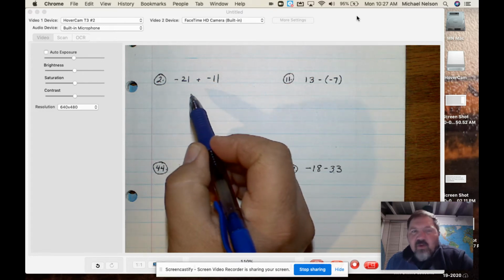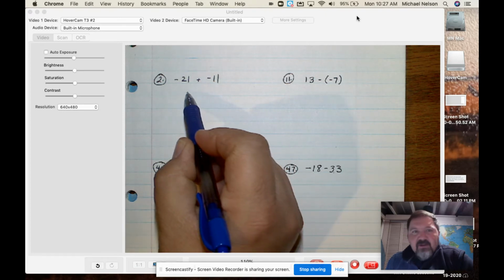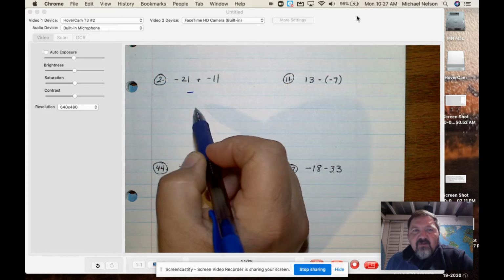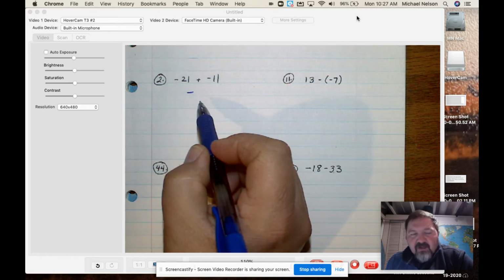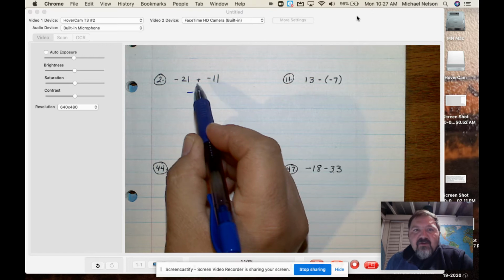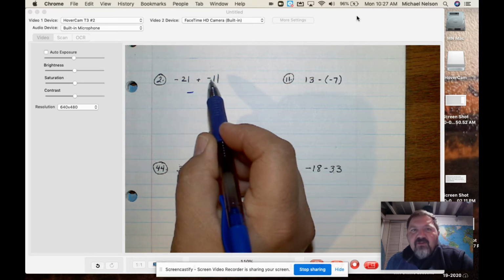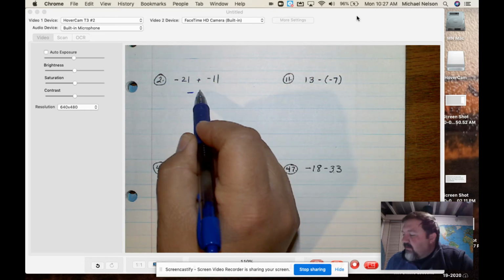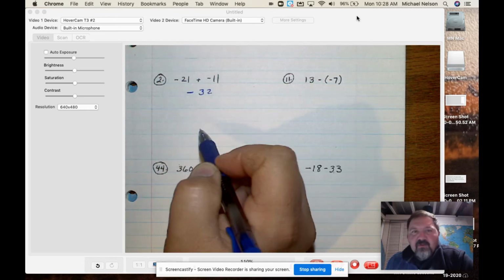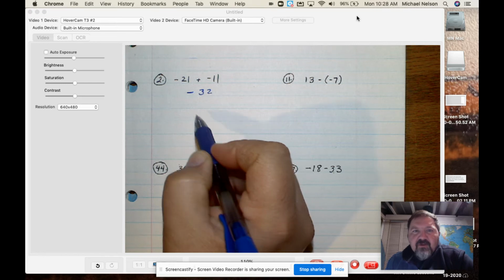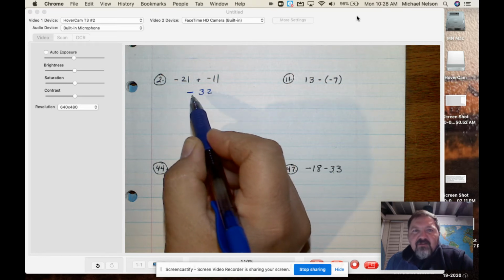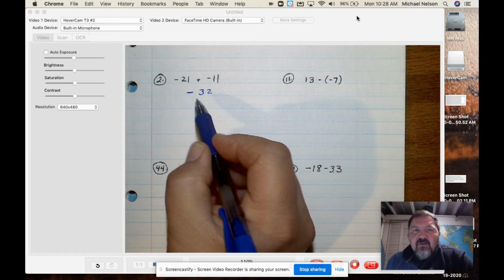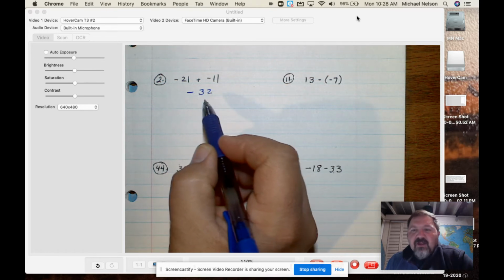Well, the owe part, how much you owe, is the negative. That's taking it out of your account. So that's like a subtraction from your account. In this case, though, you're adding those two values together. So it's $21 and $11, which makes 32. So you can see that you're using the negative sign as an indicator of how that $32 is being spent.